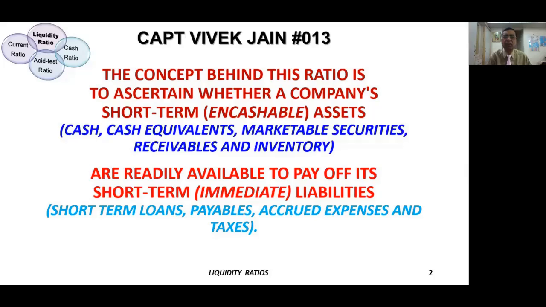So these short-term assets, the encashable assets, are readily available to pay off its short-term immediate liabilities. And the short-term liabilities comprise short-term loans, payables to sundry creditors, accrued expenses, and taxes.